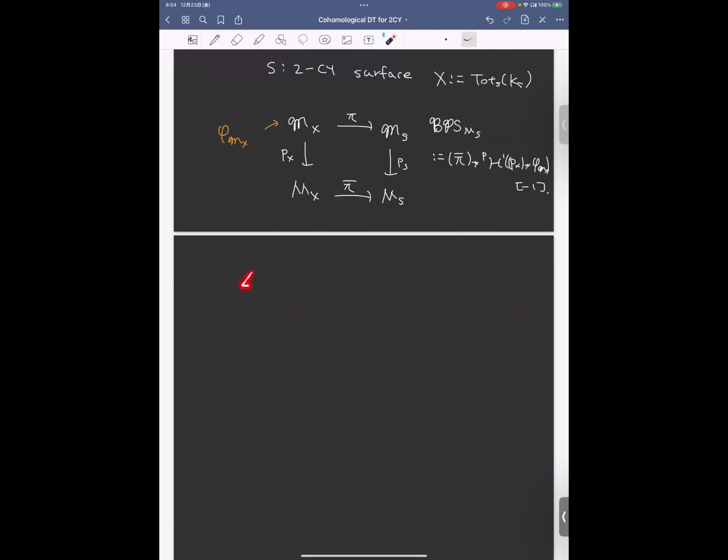We have a direct sum map on the moduli stack, so I think we have a morphism from this thing, D_Q of M_S, to the push forward of D_Q of M_S tensored with itself, by the same construction.